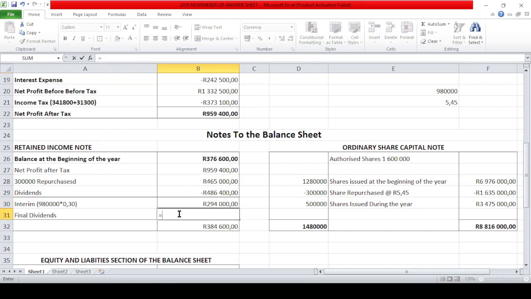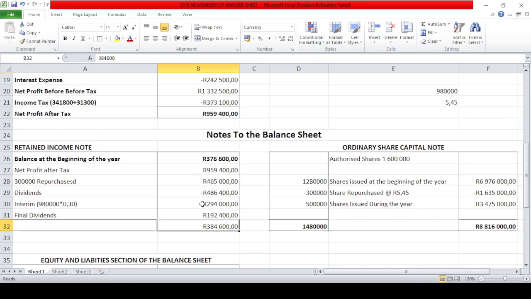So for our final dividends, we are going to say 486,400 minus 294,000, which is giving us 192,400.